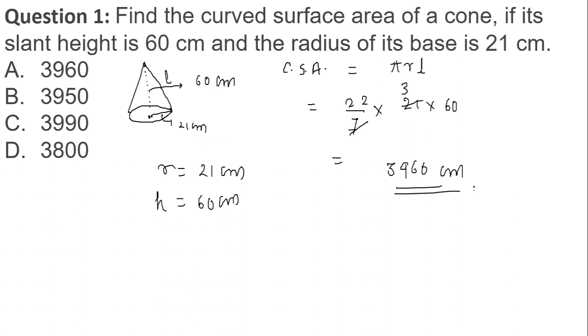We found the curved surface area, which is pi r into L, equal to 3960 centimeter square, not centimeter. So the correct answer for the given question is option A, 3960.